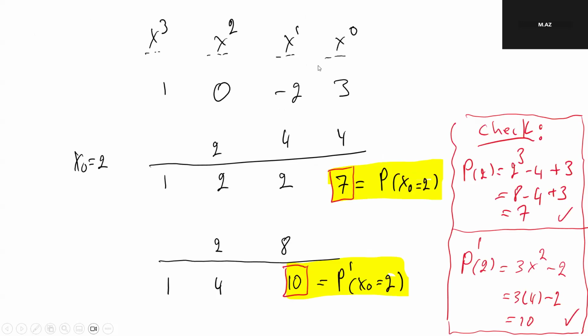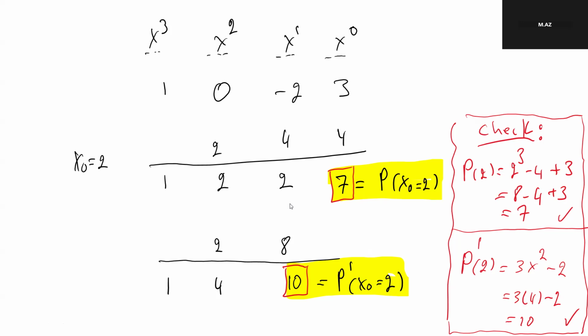If we write it and apply Horner's method, the last cell shows the remainder for this problem, and the remainder shows the value of the polynomial function at that point. For this reason, the value of this polynomial function at point 2 is equal to 7.